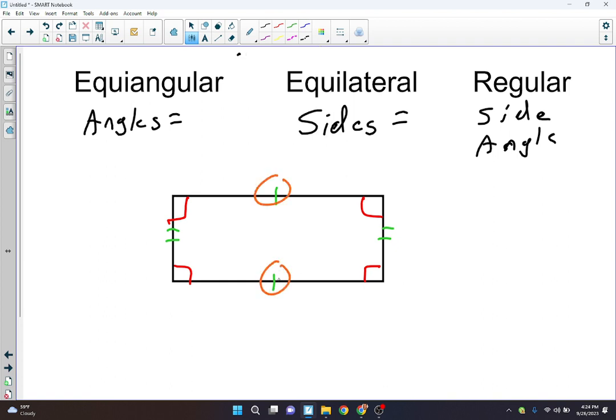The opposites are equal, but all 4 sides have to be equal. So it's equiangular. A square would be a regular shape. Equiangular is the angle. Equiangular, yes.